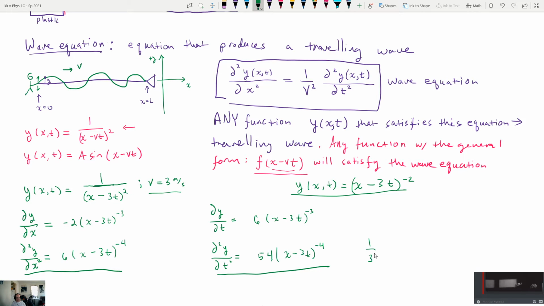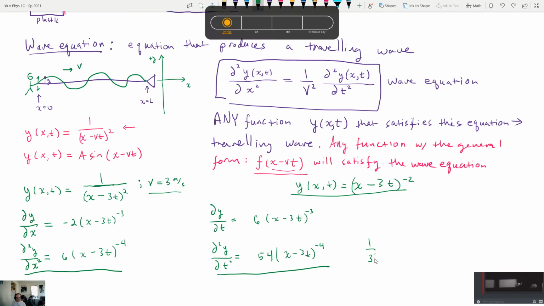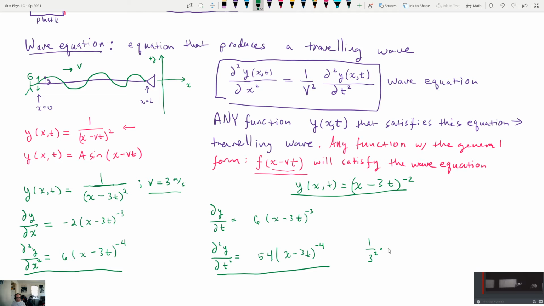I'm not using units here, so I apologize for that, but something tells me you all don't mind. 1 over 3 squared times this, which is 54, times (x minus 3t) to the -4. And that's going to give us 54 over 9, which is 6, right? So it's proved then, right? This is equal to this.